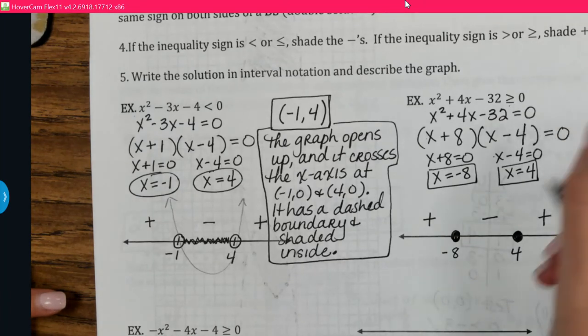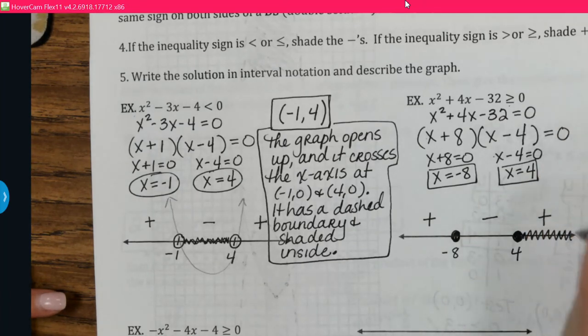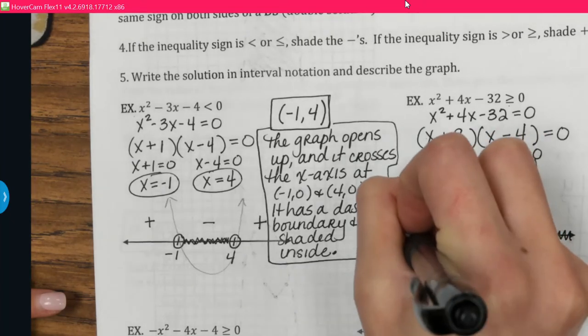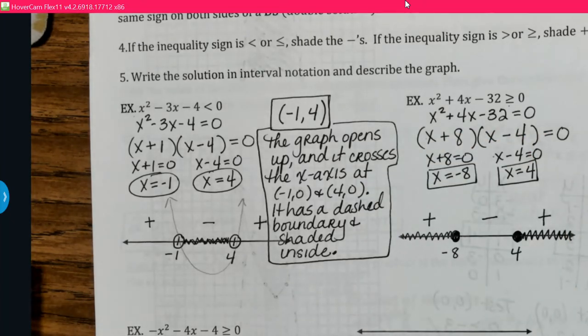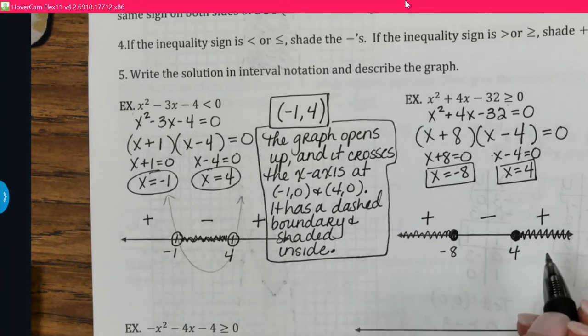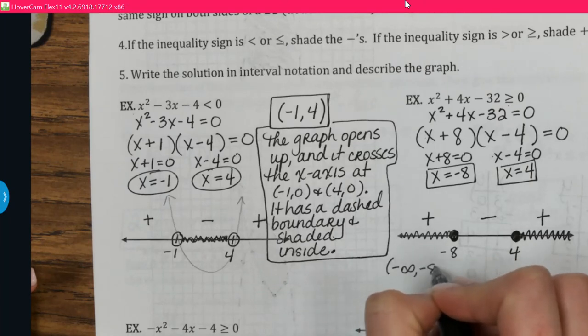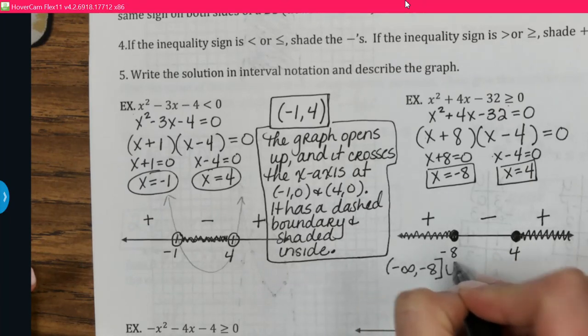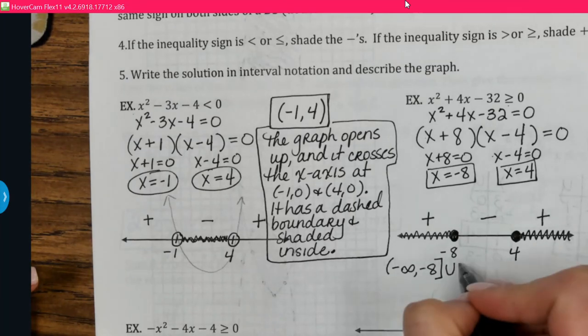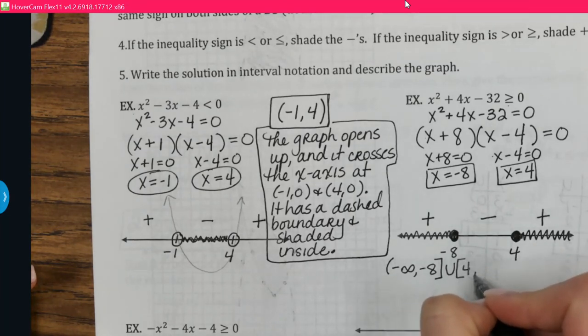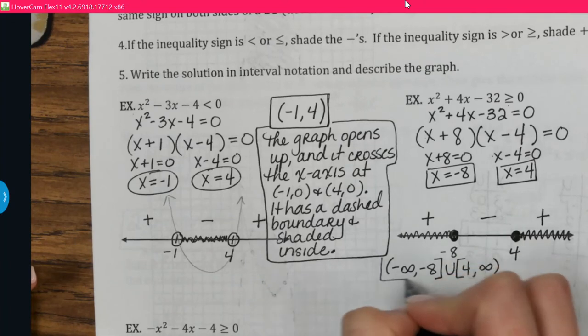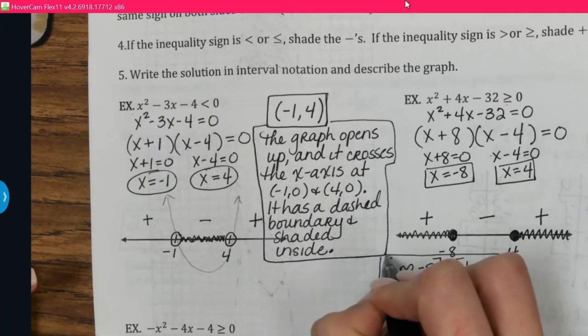So I'm going to shade wherever I've labeled a positive, so that happens to be on the outside. Okay? So my interval for this graph would be -∞ to -8 with a bracket and bracket 4 to +∞. Remember, you have to have the union in the middle.